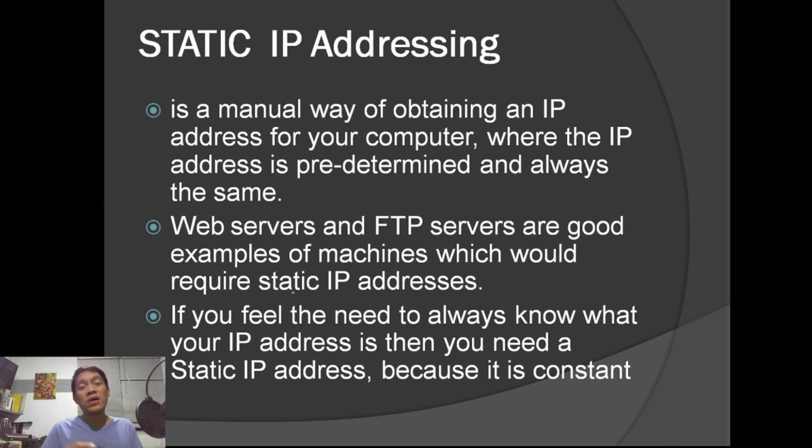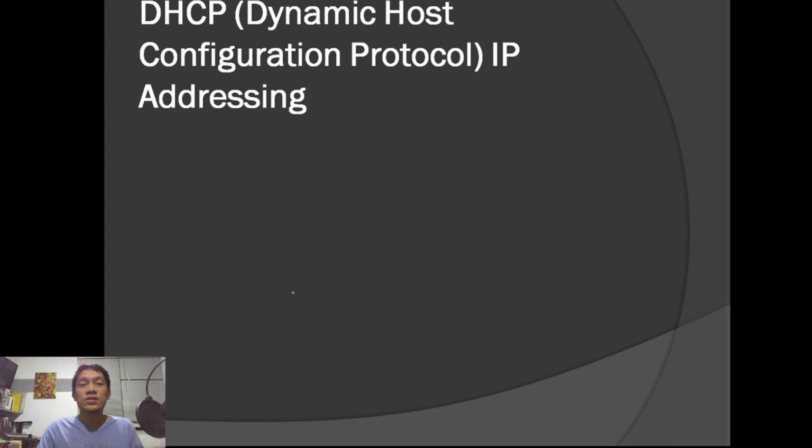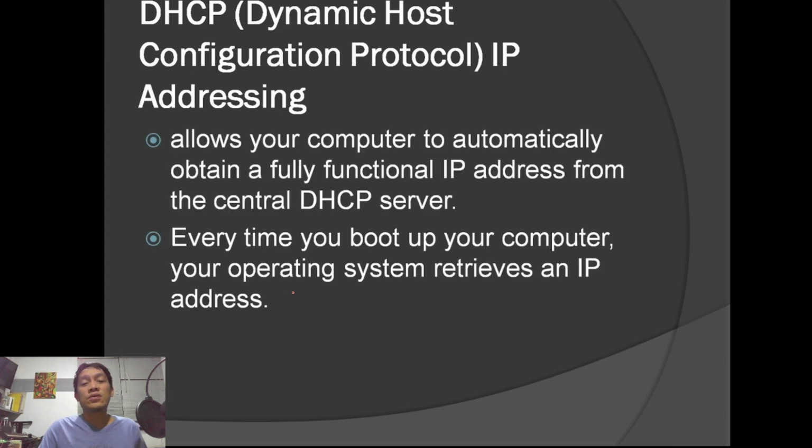If its IP keeps changing, it may not be able to connect on the network, because your network knows a particular IP for a particular server. So for servers, always remember to assign a static IP address. So this is DHCP, which I already discussed: the DHCP server automatically provides IP addresses to the network.